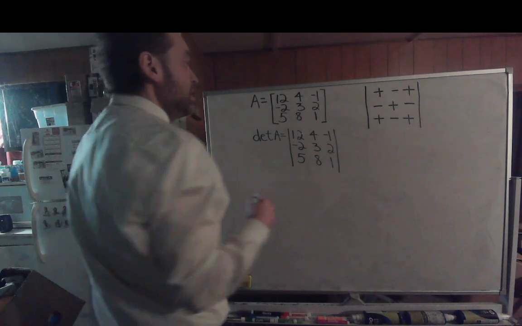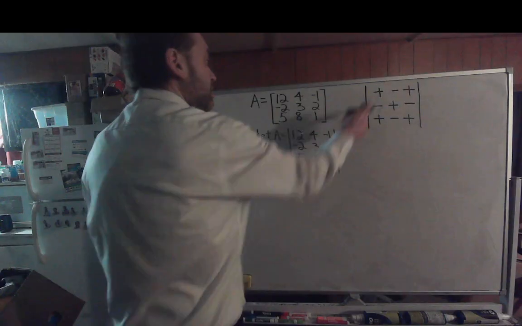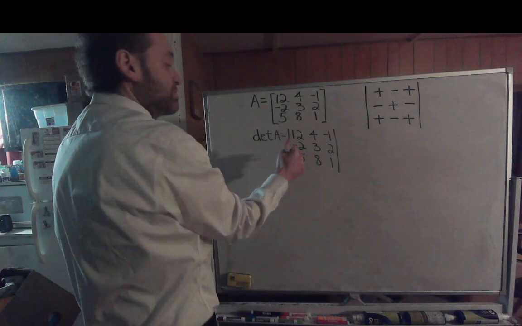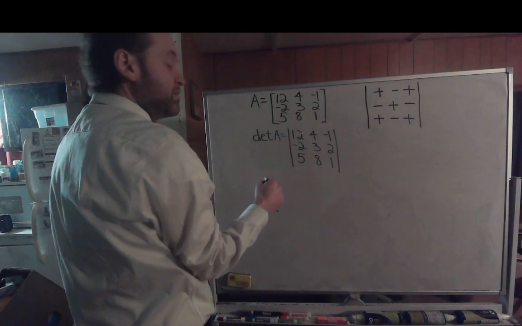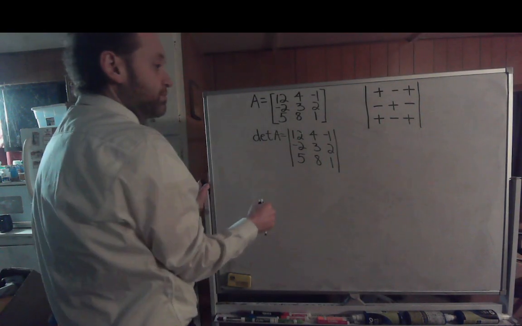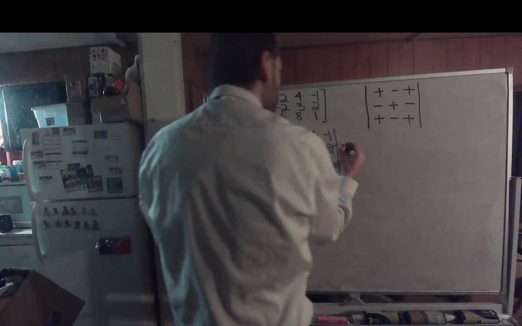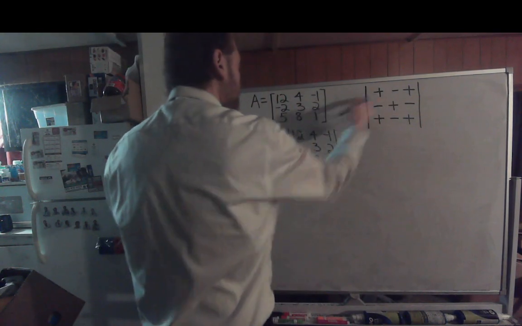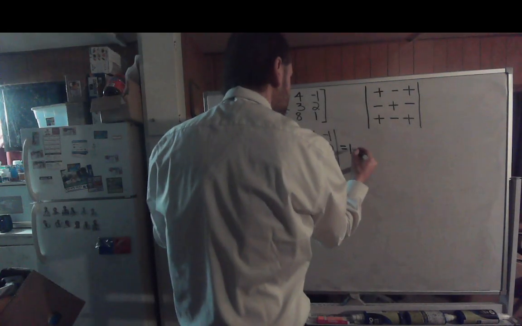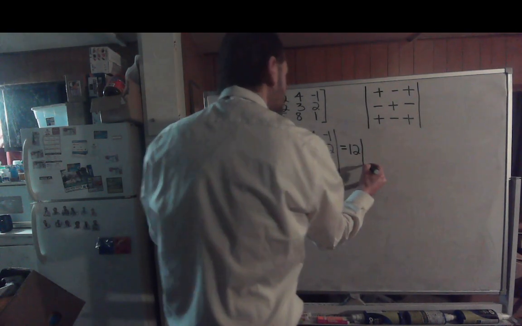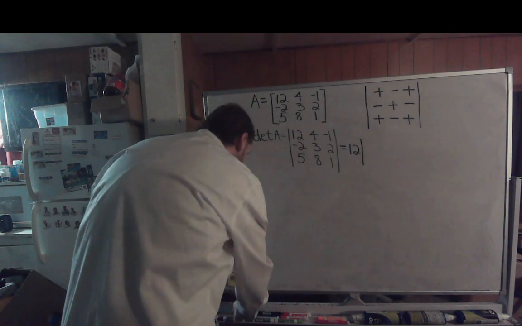So take your sign here, which is positive, corresponding to the first number of the coefficient in the first row. So this is going to be positive 12, so just 12 times a 2 by 2 determinant of whatever's left.